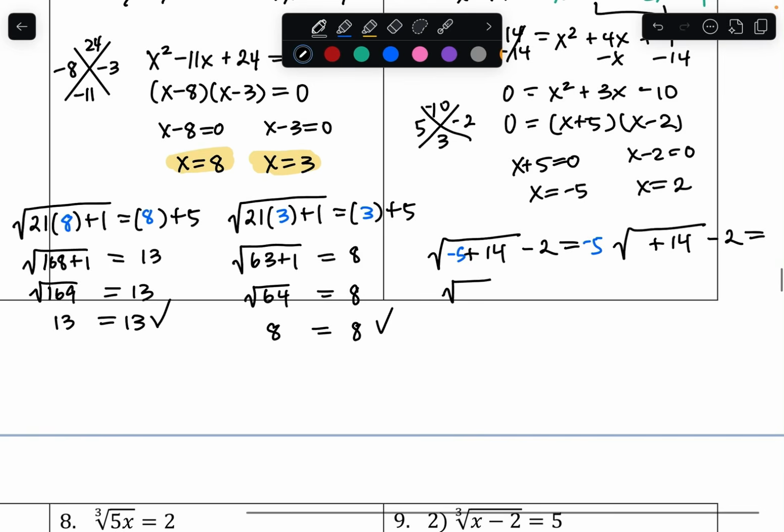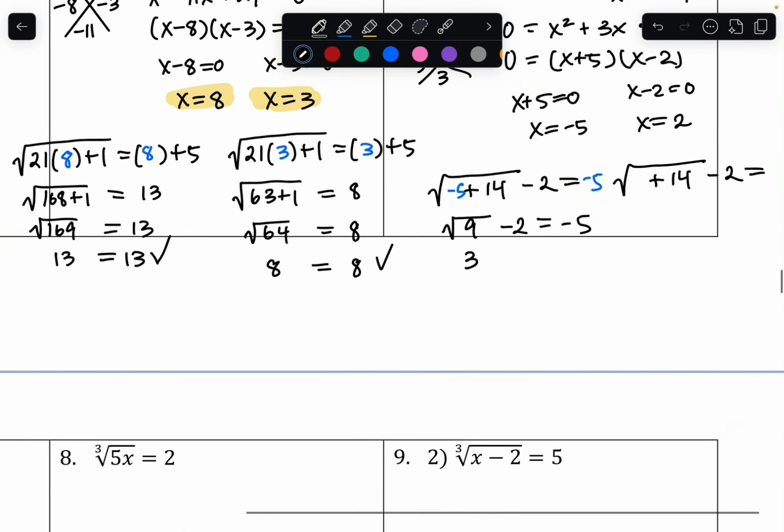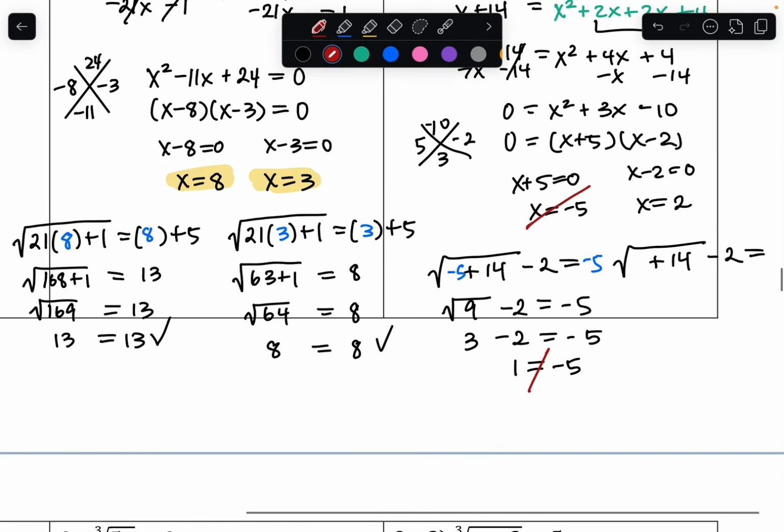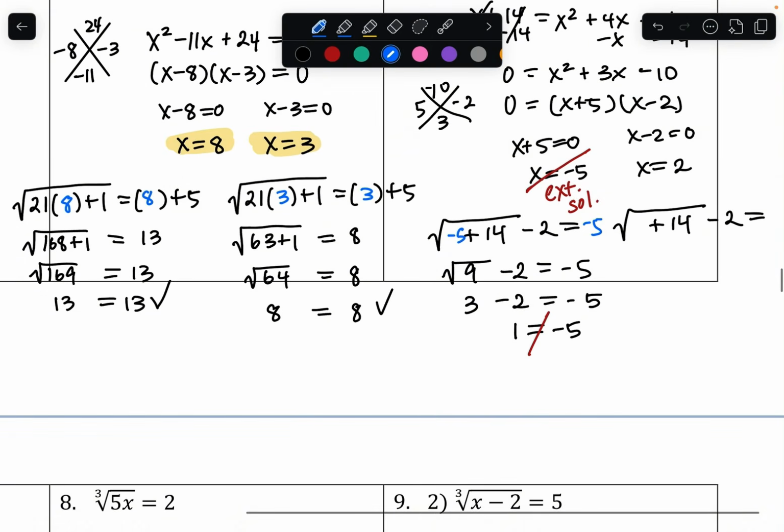That would give me a square root of 9 and then minus 2 equals negative 5, which gives me 3 minus 2 equals negative 5, which gives me 1 equals negative 5. That is not true. And so x equals negative 5 is an extraneous solution. Okay, so now we're checking the 2.